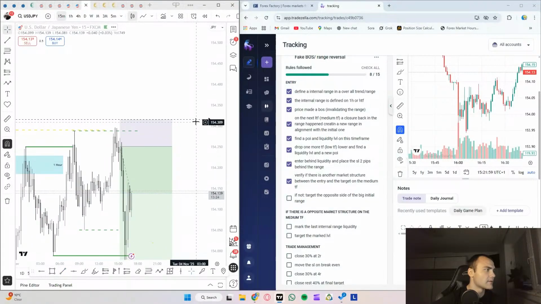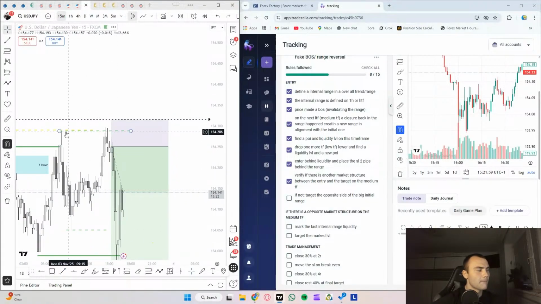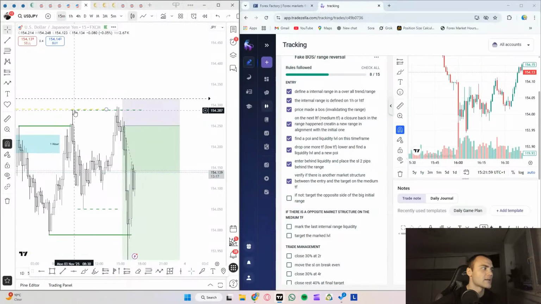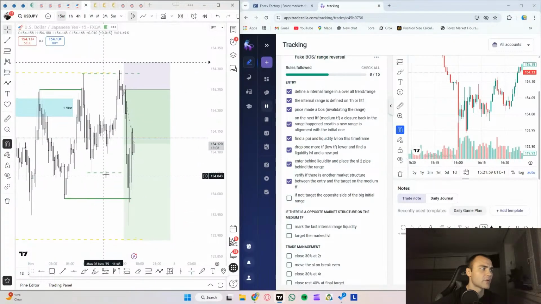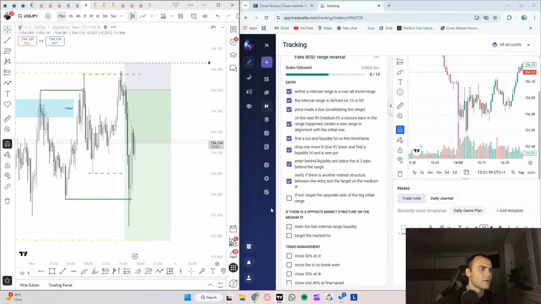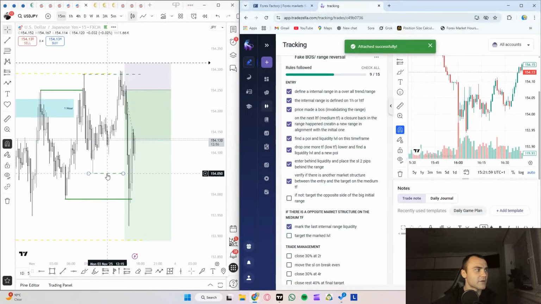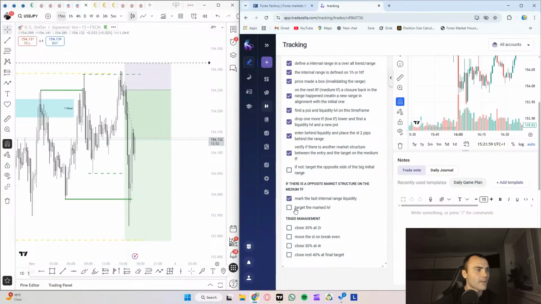But then this was not a break of structure, I want to see some candle closure. So at this moment, this is still my last low. So this would be the last internal range liquidity, and which is basically right. And then target the marked level, which was this one.